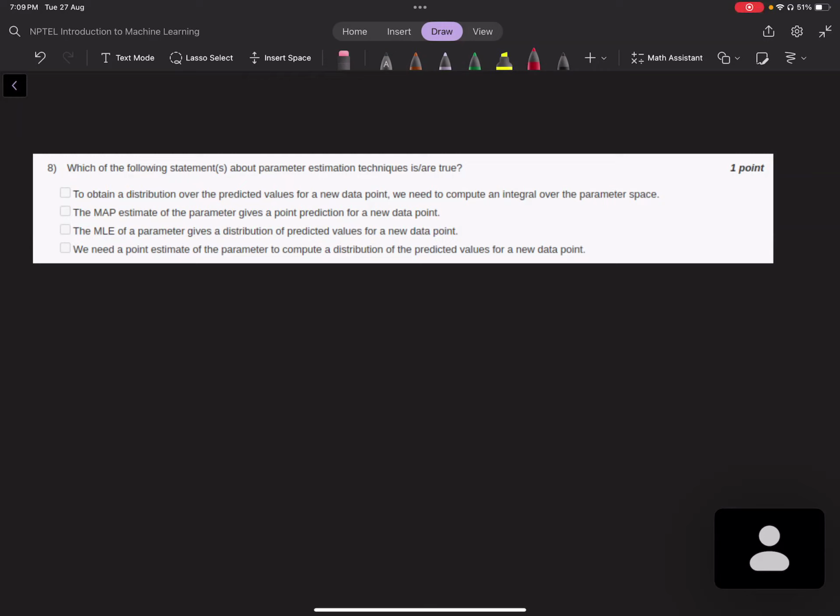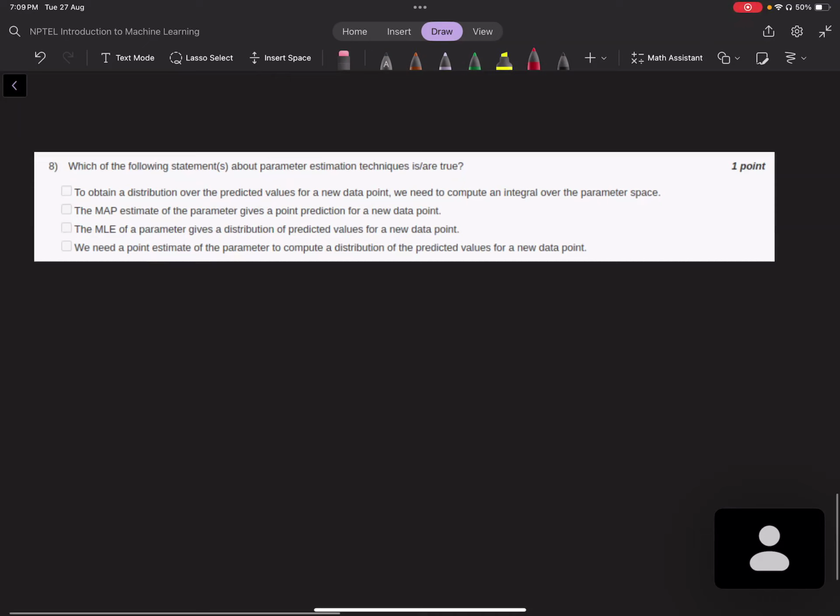If you go to the video of parameter estimation 3, at around 1 to 2 minutes, we'll find an equation. Based on this equation, I think A and D would be correct.